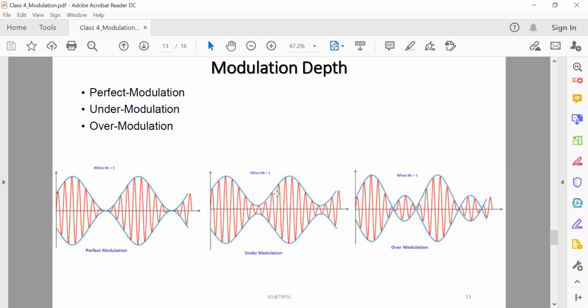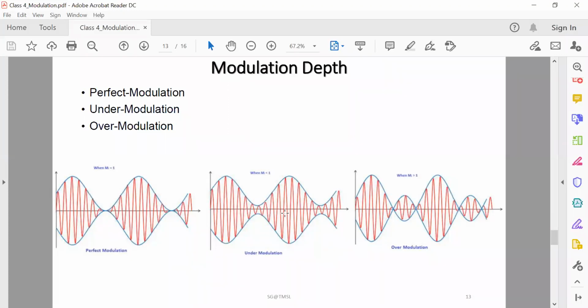Under modulation occurs when the maximum amplitude of the message signal or modulating signal is less than the maximum amplitude of the carrier signal, which means AM is less than AC. So the modulation index is the ratio of the maximum amplitude of the message signal to the maximum amplitude of the carrier signal.